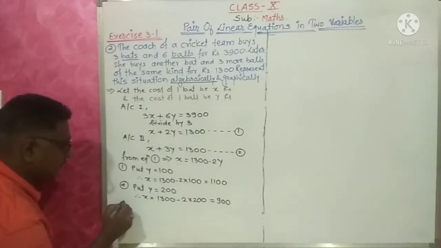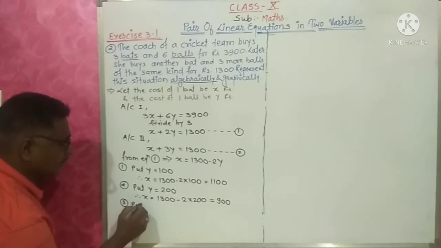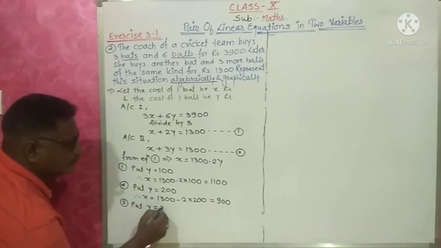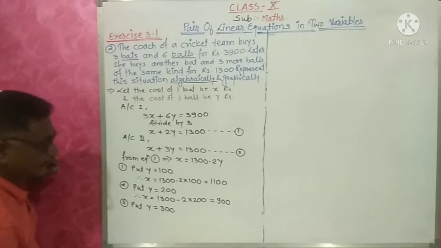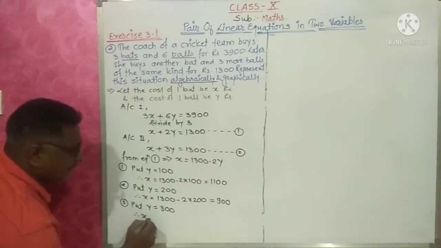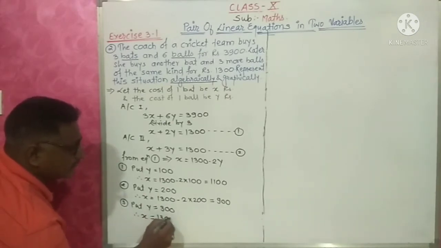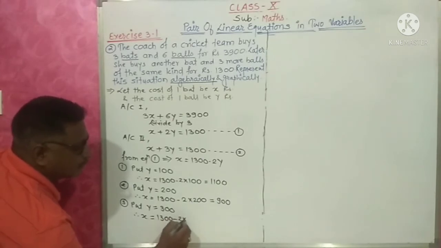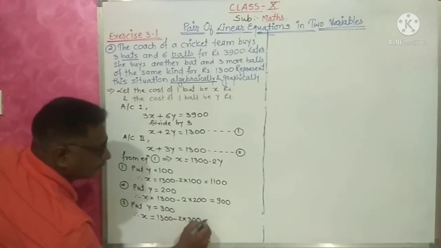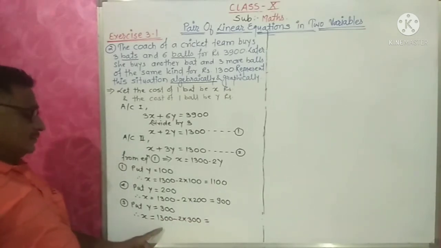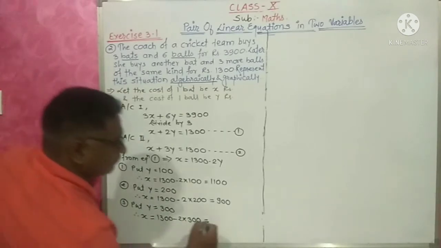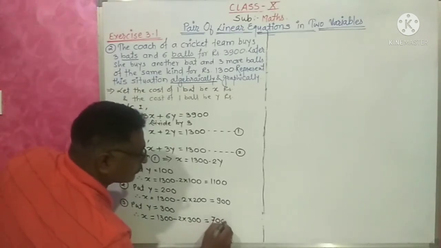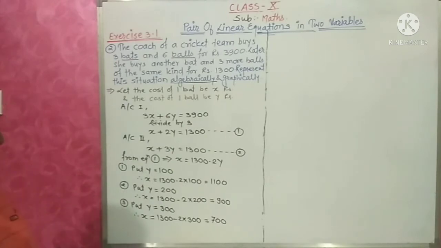Then third, put y equals 300. So x equals 1300 minus 2 into 300, which is 1300 minus 600, that is 700.